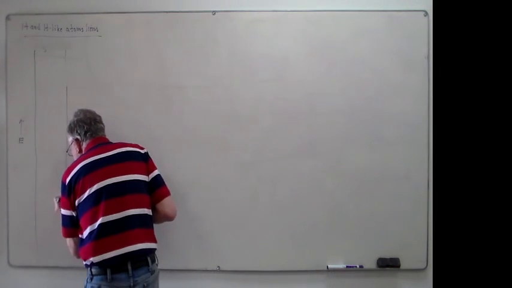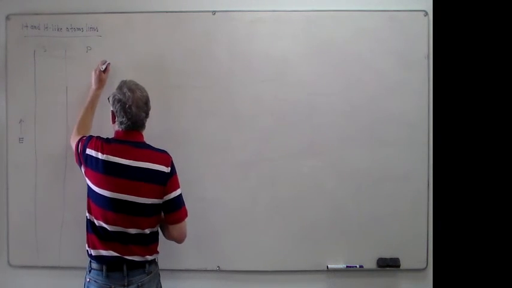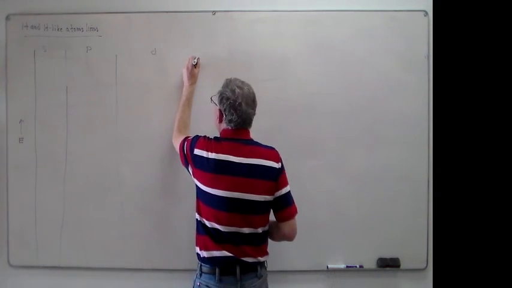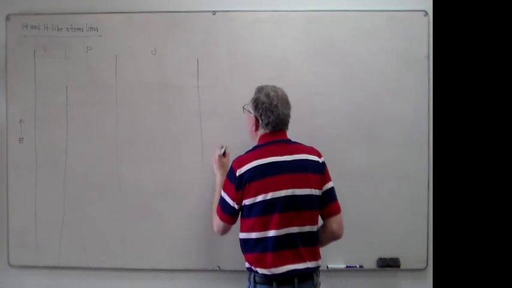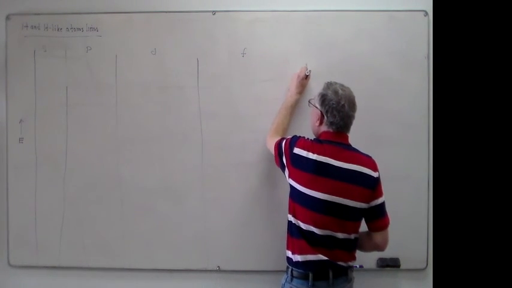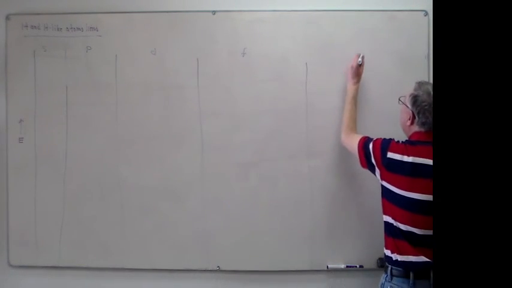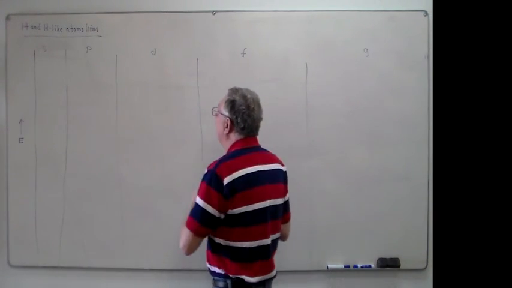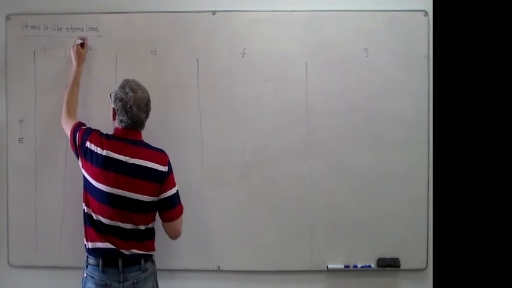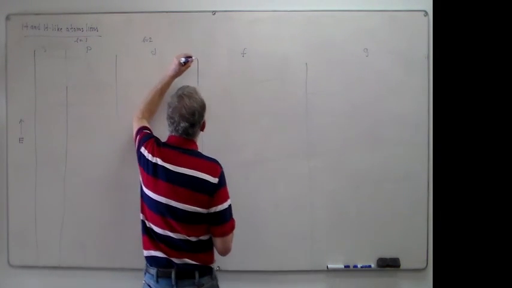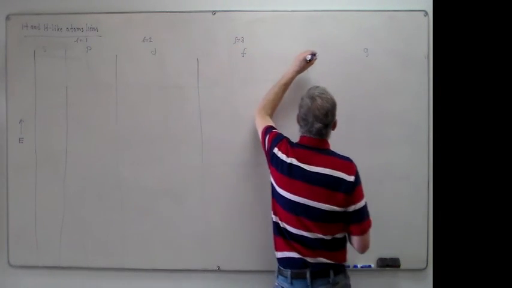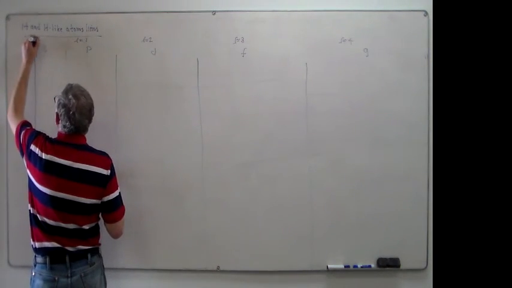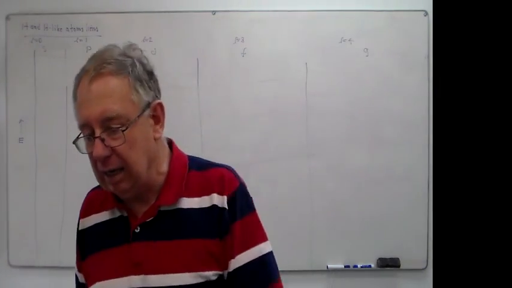I'm going to draw some vertical lines here: S, P, D, F, G. S, P, D, F, G corresponds to L equals 1 for P, L equals 2 for D, L equals 3 for F, and L equals 4 for G. Of course, for S, what does L equal? 0. Yes.